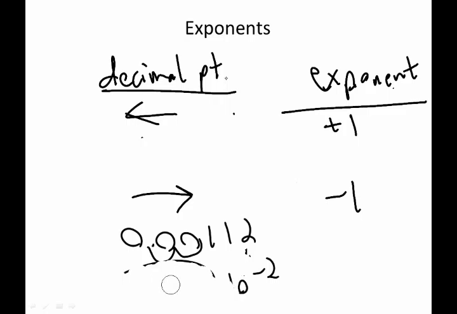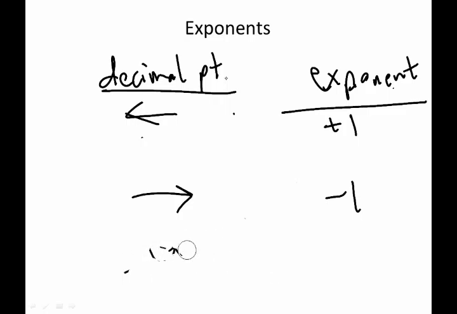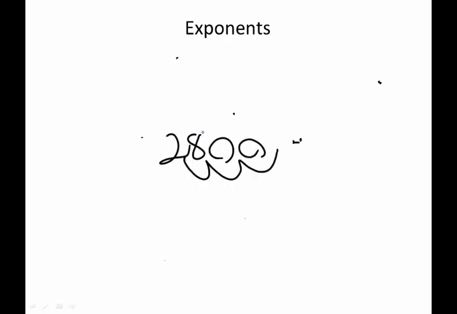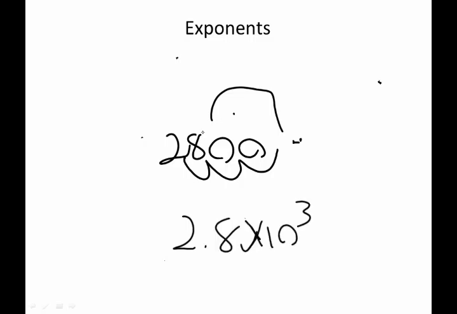Another cool thing about scientific notation is that if I had, let's go back to 2800, and I move the decimal point 1, 2, 3, remember, at the beginning, I didn't write a decimal point. So are these zeros significant or not significant? They're not significant. So when we go to 2.8 times 10 to the third, there's no reason to write them.